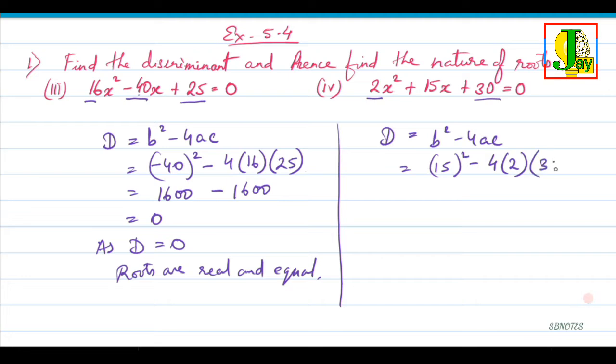That comes to 15 square is 225, minus 4 into 2 is 8, and 8 into 30 is 240. So 225 minus 240. You are subtracting a larger number from the smaller one, so it is minus 15, and as D is less than 0, hence the roots are imaginary.